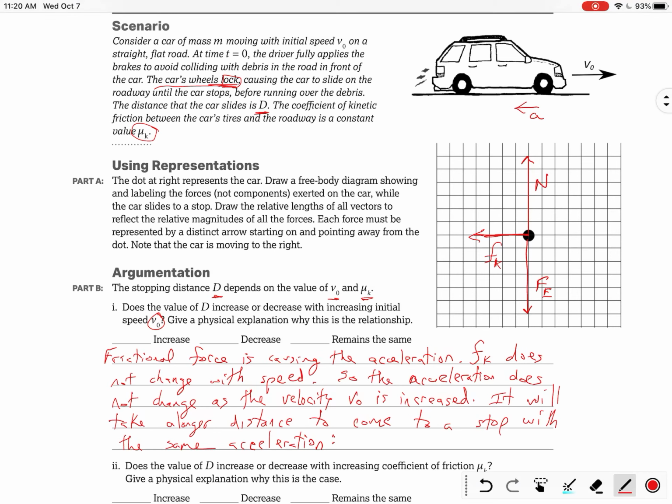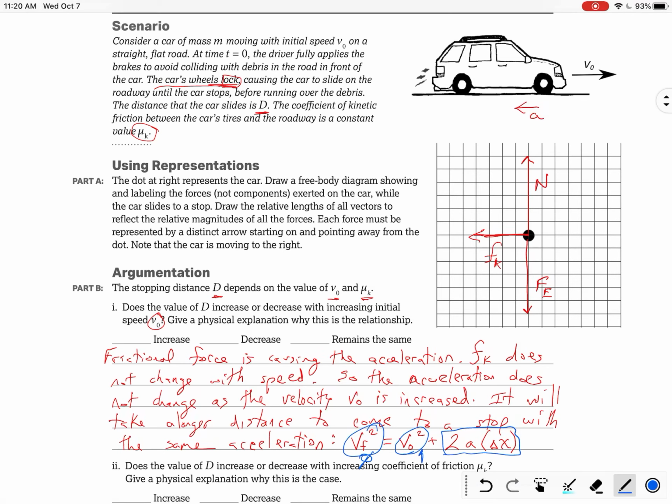So we could just simply state what the formula is that would be best applied here. The final velocity squared is equal to the initial velocity squared plus 2 times the acceleration times the displacement. That's a kinematics formula that you could pretty quickly apply and recognize that if the final velocity is 0 and this term is getting bigger, this term has to get bigger in the opposite way if this side of the equation is 0.